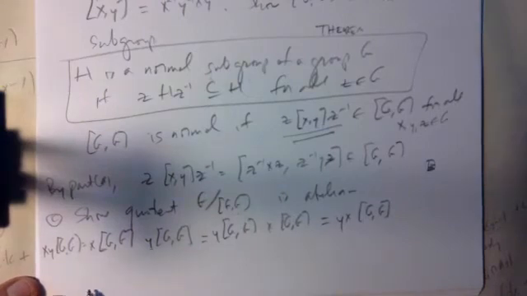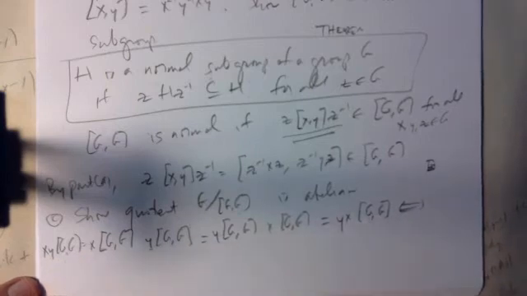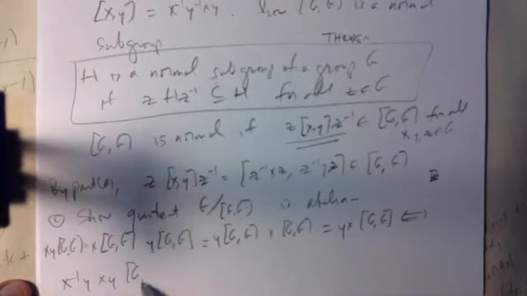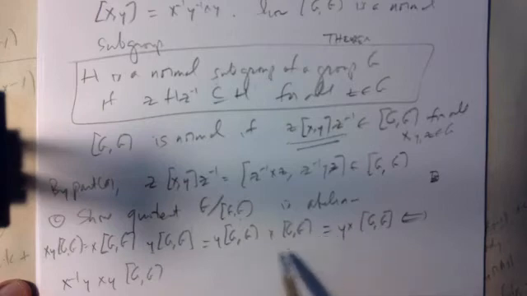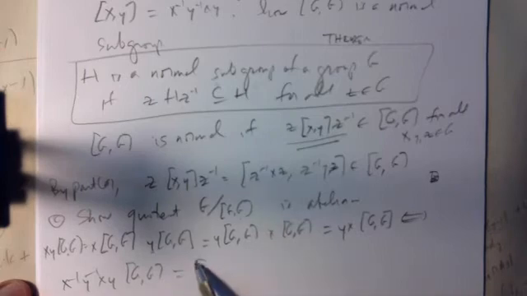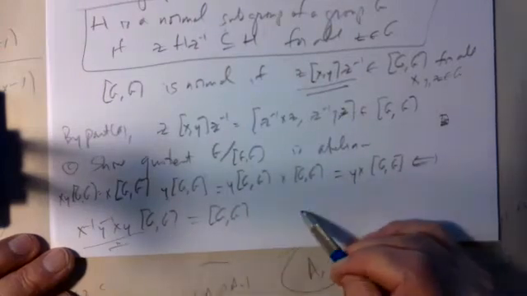So these are equal if and only if this coset equals this coset, which means if you multiply by x inverse y inverse, that cancels this, and that's equal to [G, G]. But this is a commutator.